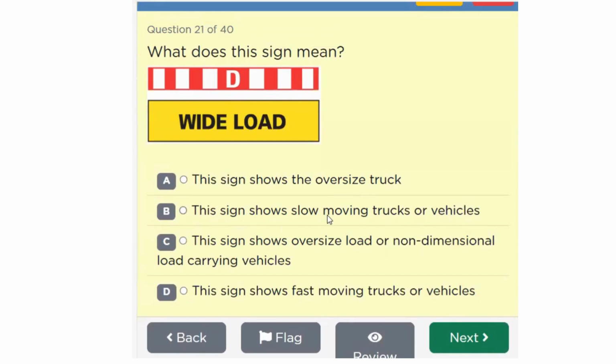It could be slow. It's not this and it's not this. It's one of A or C.